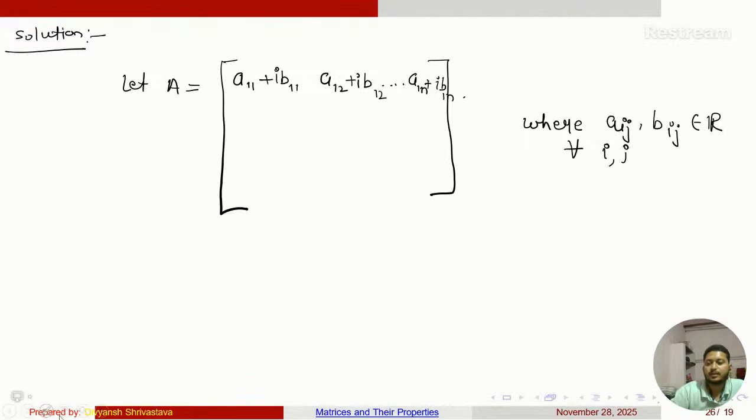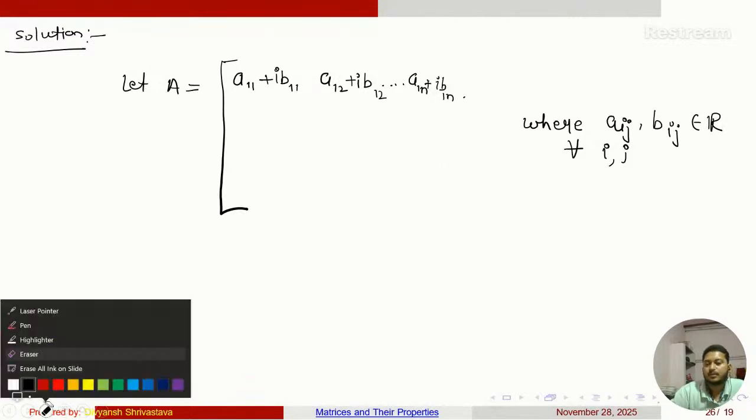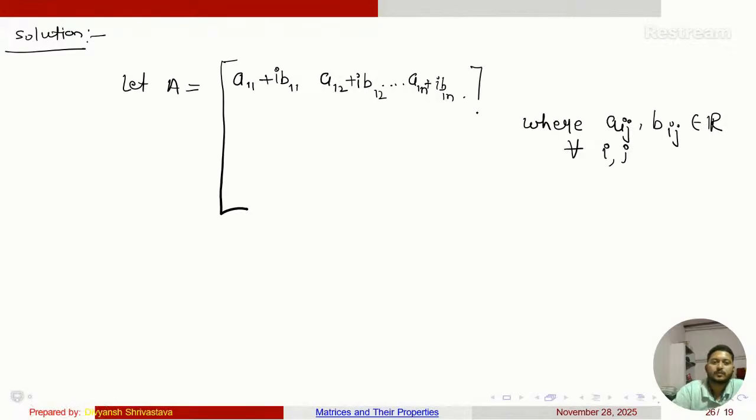Next is a21 plus iota b21, then a22 plus iota b22, and this goes on to a2n plus iota b2n.